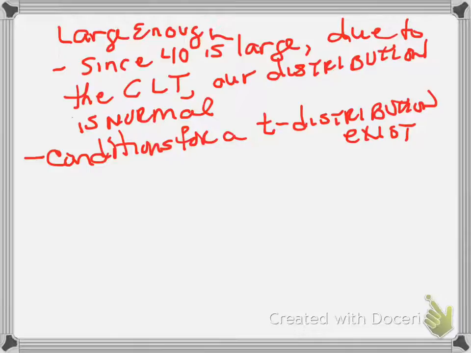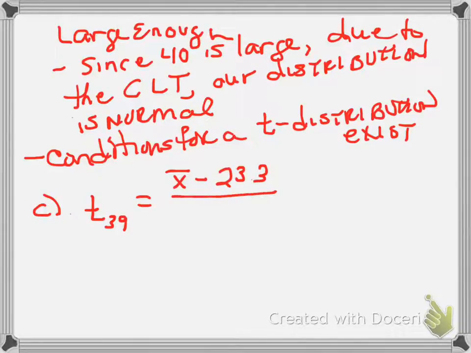Okay, C is kind of a weird thing. So basically I'm going to do a z-score math, but it's going to be t. And every t is different depending on its degrees of freedom. So I'm going to write t sub 39. It's going to be my mean minus the accepted mean, 23.3, divided by my standard deviation, divided by the square root of 40.